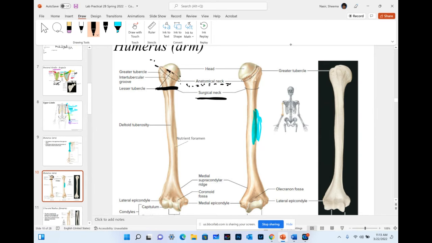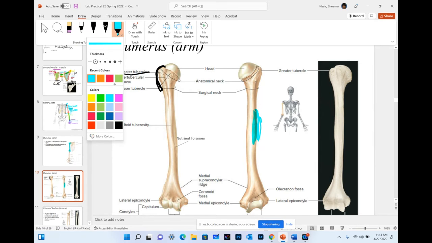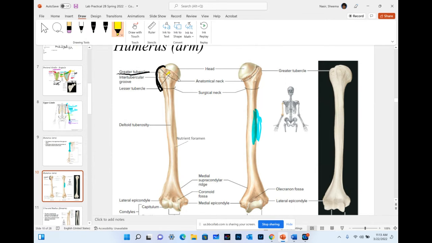Then you have greater tubercle and lesser tubercle. This is big one. This is your greater tubercle. This is the little tiny one. Look at it. This is the tiny one. This is your lesser tubercle.